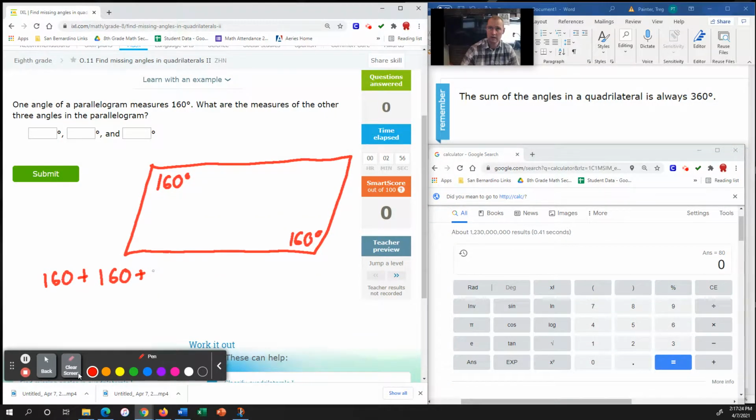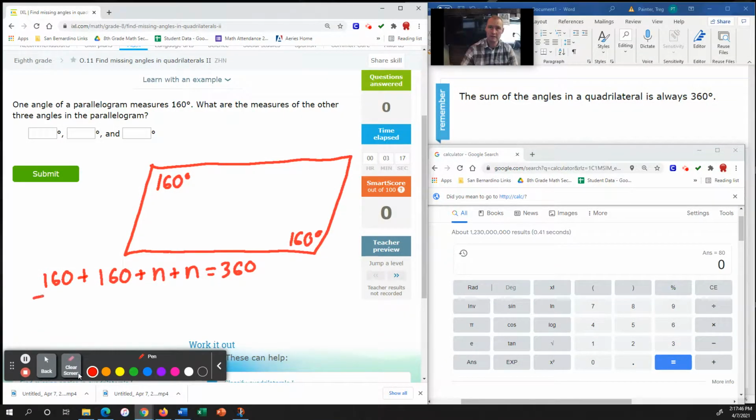So let's call that a value of n, as well as the other angle, which is also the same, so make it the same variable n. And all four of these angles have to be equal to 360 degrees. So we're going to solve for n to see what our missing two angles are going to be.